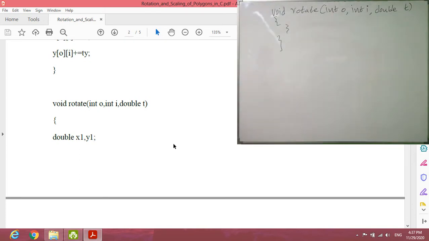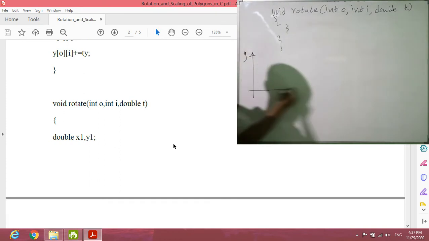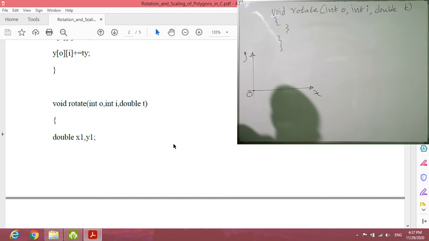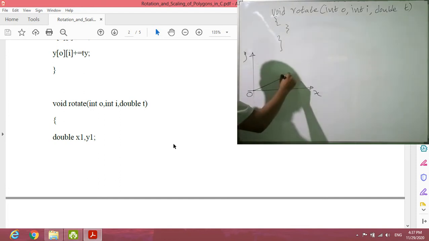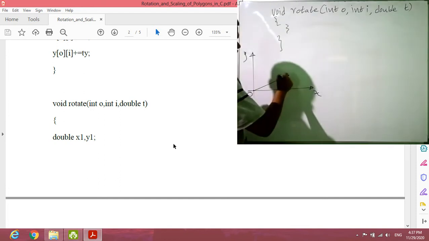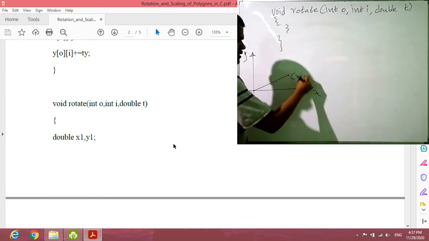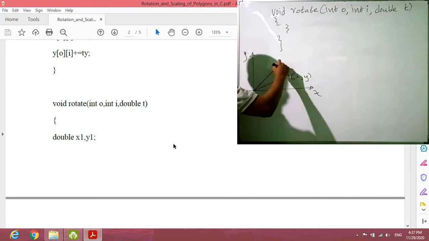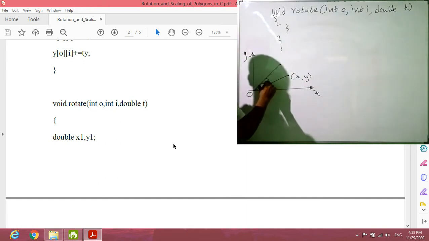Before we understand, I just want to do some mathematical calculations. So this is the origin, and here you have the point, okay, and we rotate it around an angle theta.